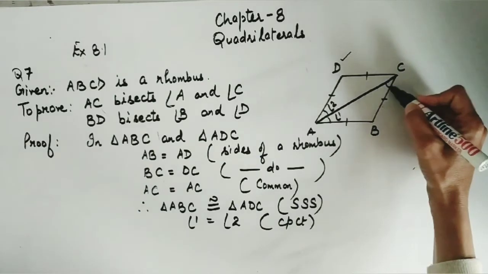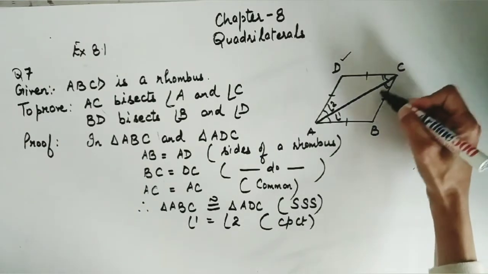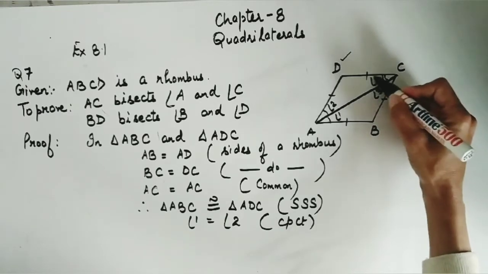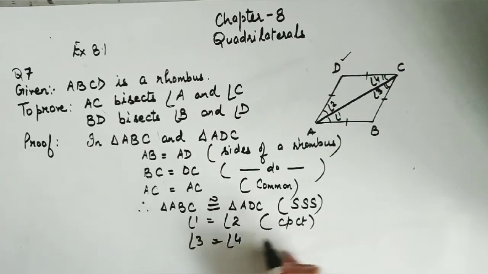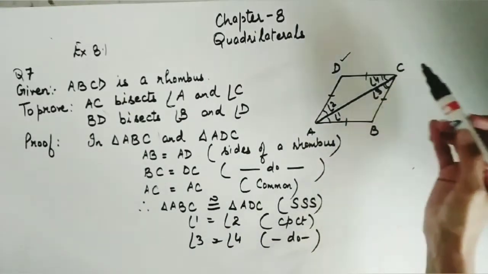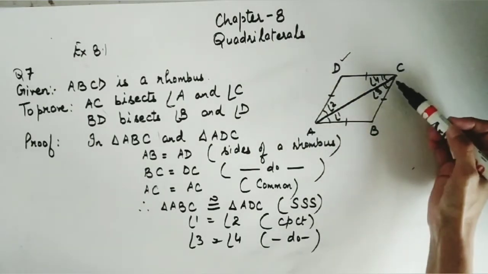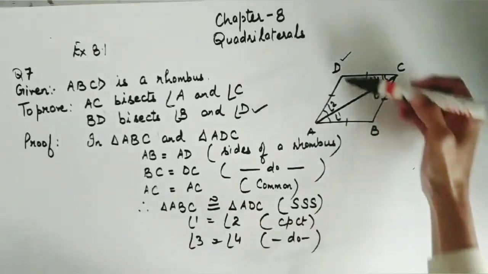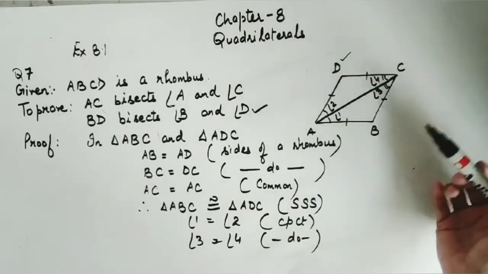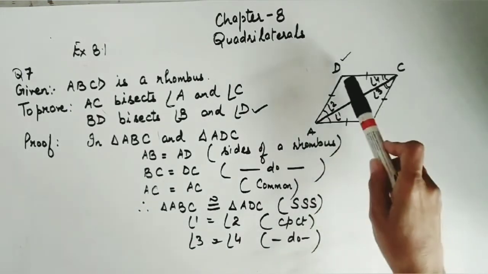In the same way, angles over here must be equal. 3 and 4 are equal by CPCT. So this proves our result that AC has bisected angle A and angle C. Similarly, we can prove for BD. By joining BD and applying the same conditions, we can say BD bisects angle B and angle D.